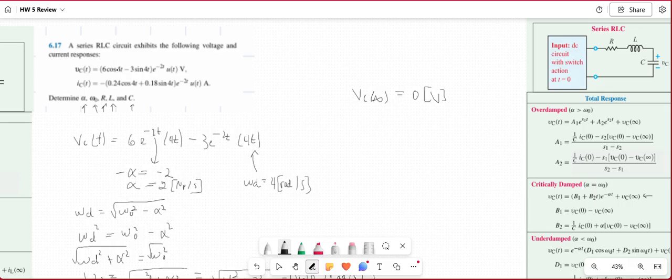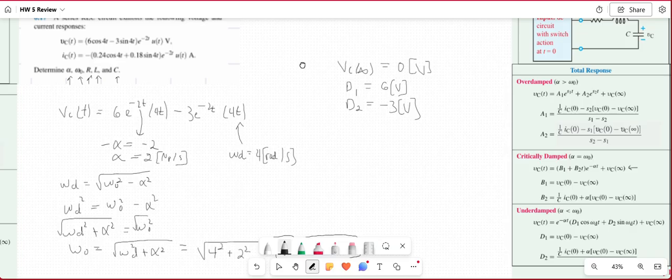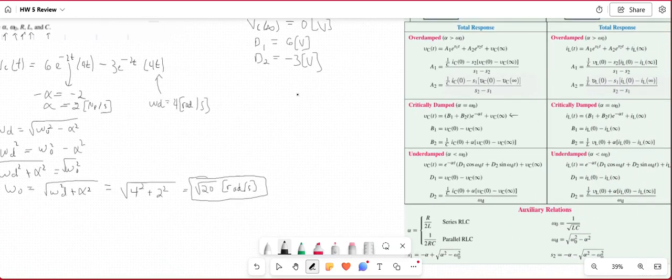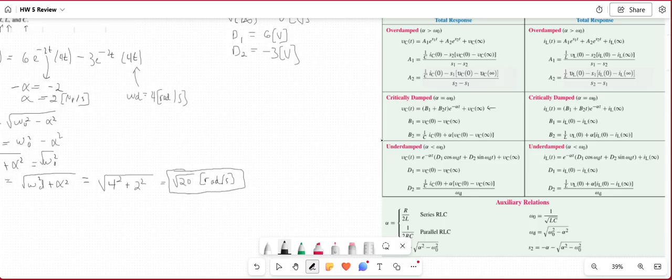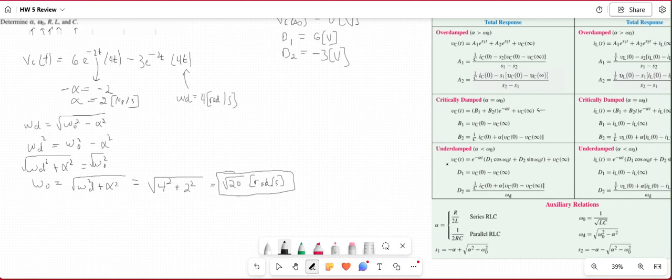D1 is 6, and D2 is -3. Now we can solve for what VC of 0 is.